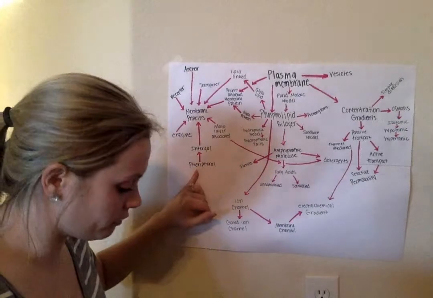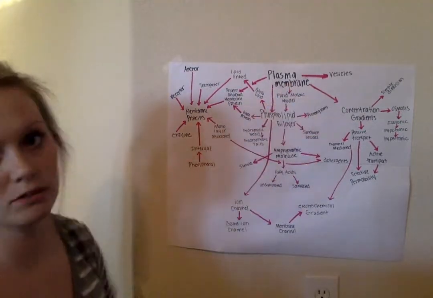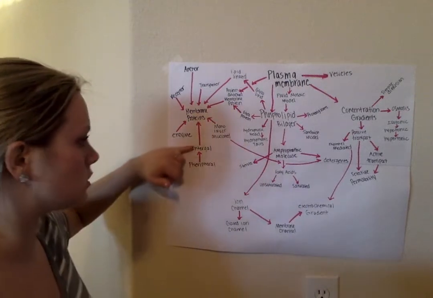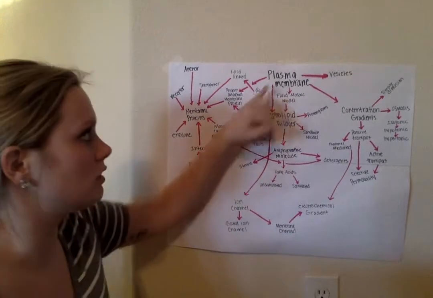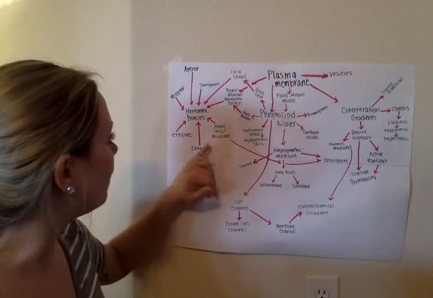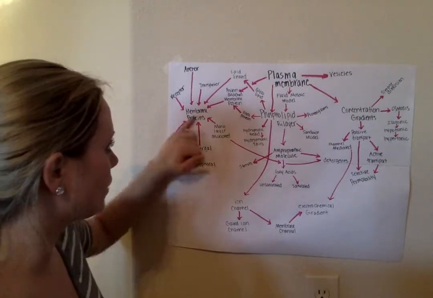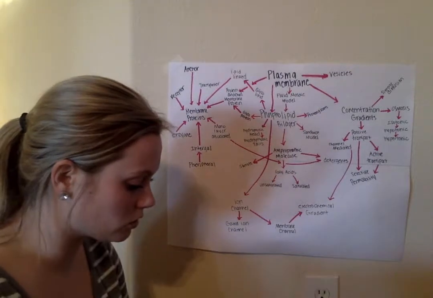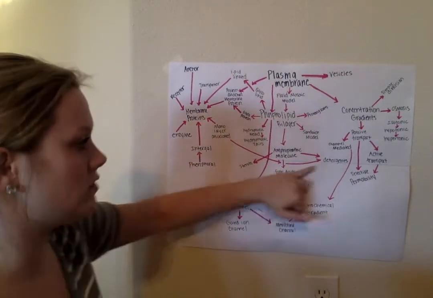Then you have peripheral proteins, which are temporarily attached to the plasma membrane. So the only difference between these two is that this one's permanent and this one's temporary as far as its attachment to the plasma membrane. From there, you have monolayer associated membrane proteins. The monolayer associated membrane proteins can only be disrupted with detergents.